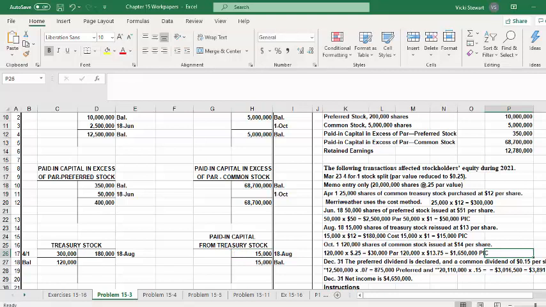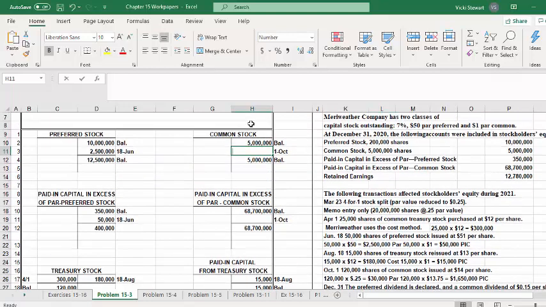Next, the problem states that 120,000 shares of common stock were issued at $14 per share. So this is where you have to be careful, because remember now the par value of the common has been reduced to 25 cents. So to determine the credit to common stock, we take the number of shares, 120,000, times 25 cents, and the credit to the common stock would only be $30,000.